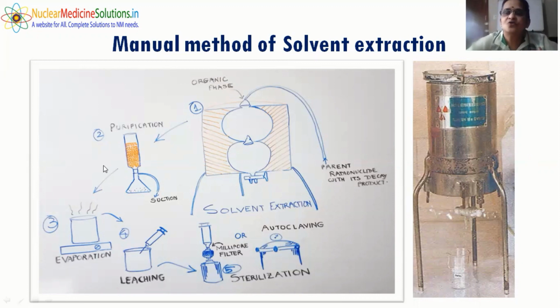And here I will show you the picture of the solvent extraction generator, which you saw in one of the initial slides. From the top, I used to add the organic phase, methyl ethyl ketone, and the parent radionuclide, molybdenum-99, used to be sucked from this tube, not handled. Then it was mixed for around 3 minutes, and there was a two-way stopcock with two openings, in one of which the parent radionuclide used to be collected after proper standing and separation.